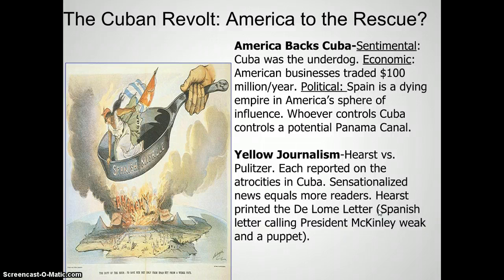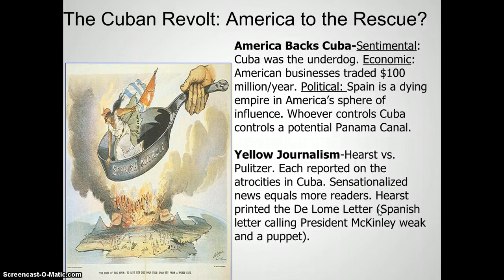There is talk of building a canal through Central America, and if you could put a naval base there, there's a possibility that you would have greater control over a canal zone. And so the United States is watching as Spain sends in its military to try and put down this rebellion.